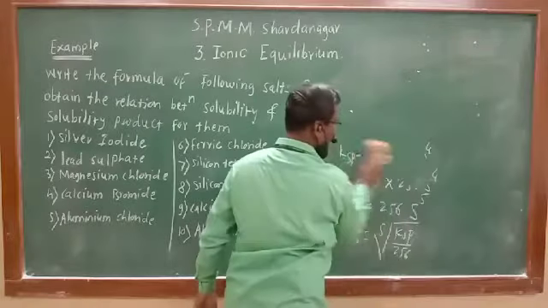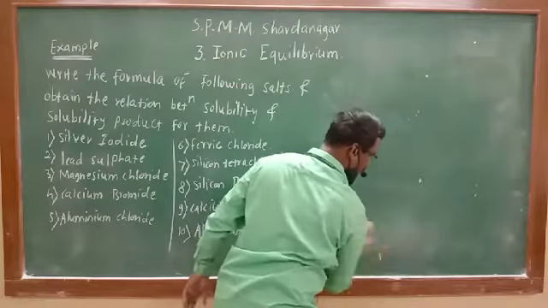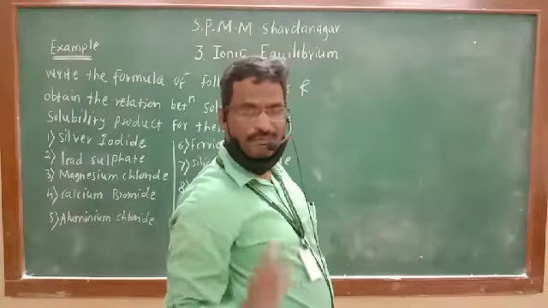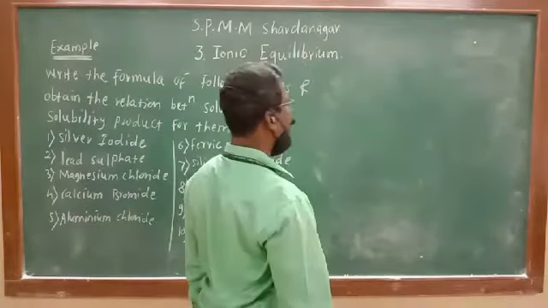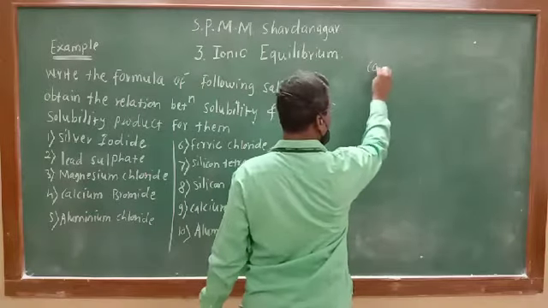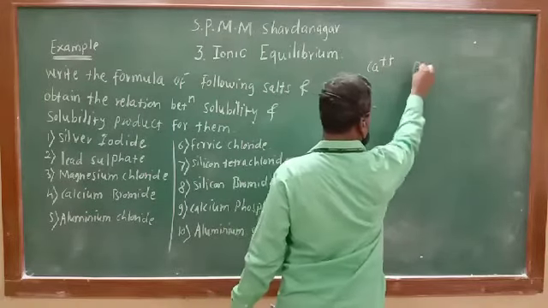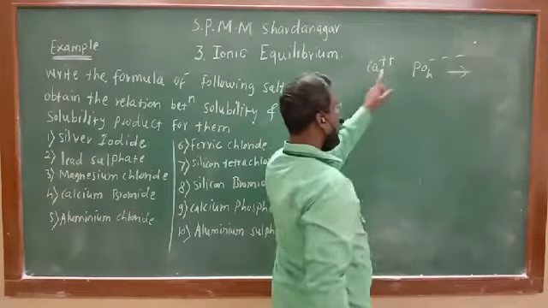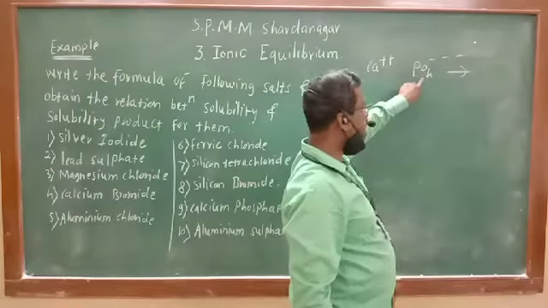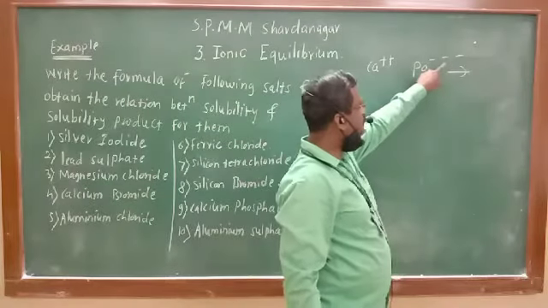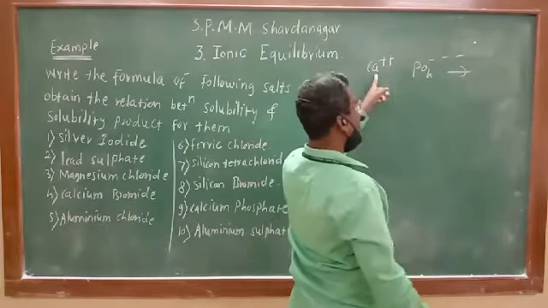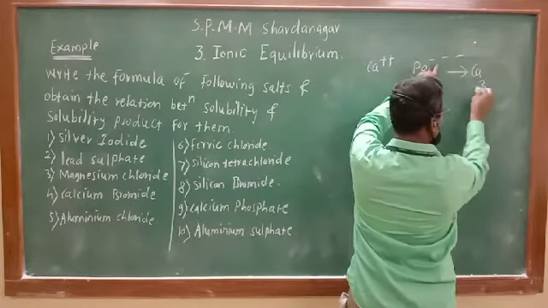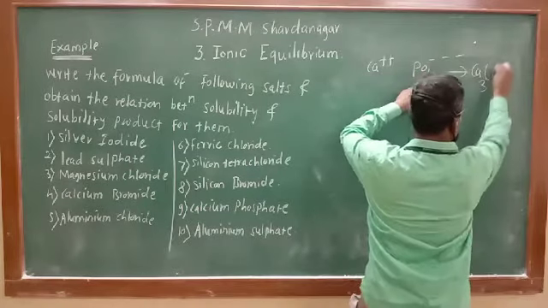I have told you how to write the formula of a salt, that we know. Calcium Ca plus 2, phosphate minus 3. Charge of first is the number of second, and charge of second is the number of first. So charge of second is 3, means Ca3. Then PO4.